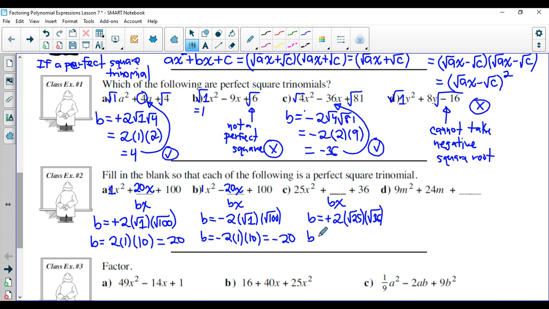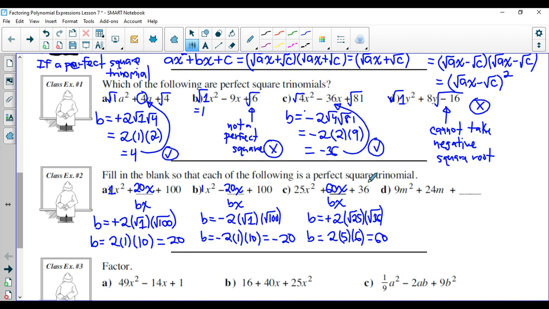So b is equal to 2 multiplied by the square root of 25, which is 5. The square root of 36 would be 6. And therefore, 2 times 5 is 10. 10 times 6 would be 60. So my value of b would be 60. You've got to add the x in there as well. So this would be 60x.